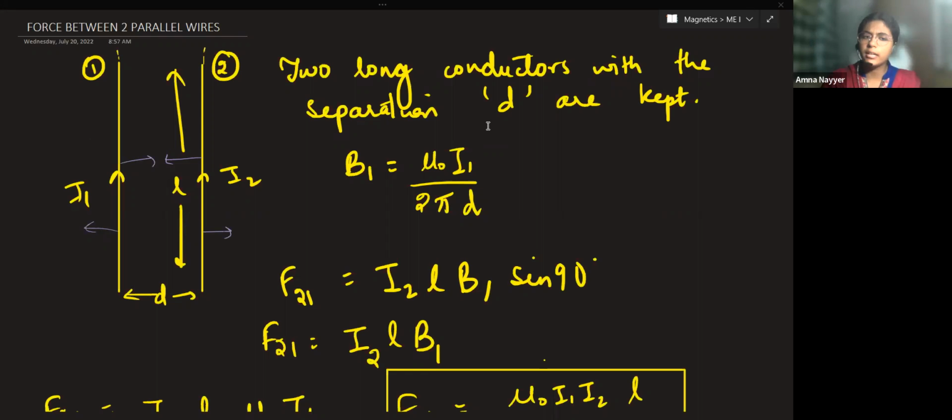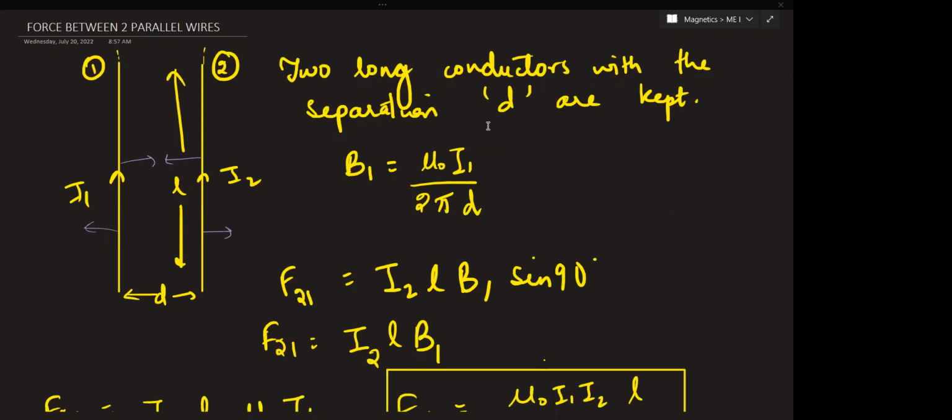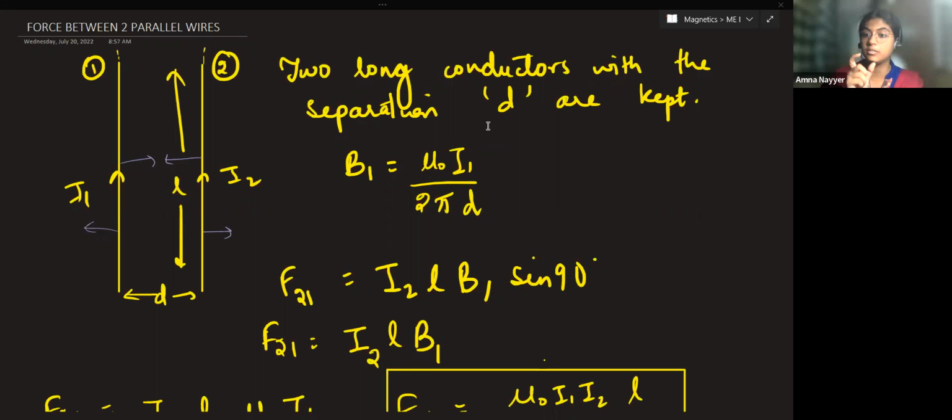Got it? By default, it is infinite. If it is finite, they will mention it. They will mention it for finite, semi-infinite, and other cases. By default it is infinite, or if the word long is mentioned, then also it's infinite. Got it? Yes, ma'am.